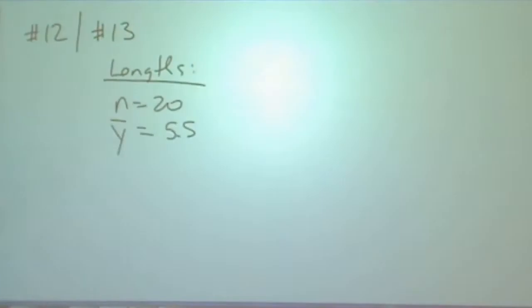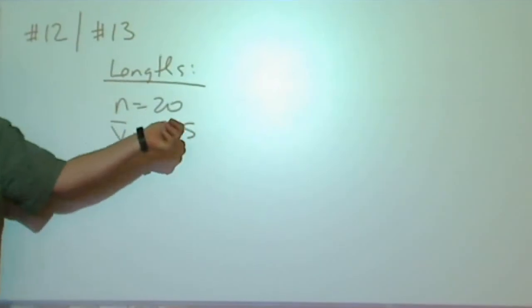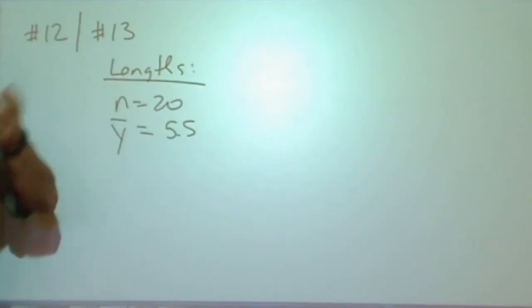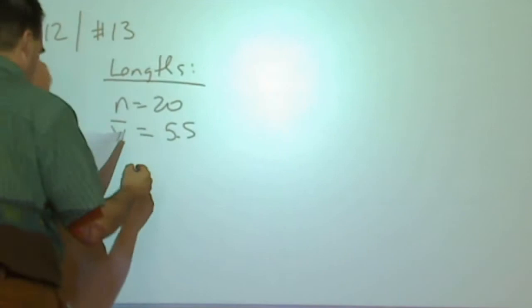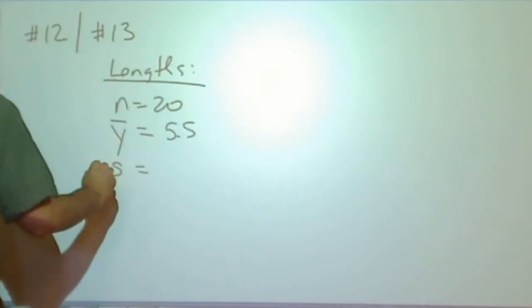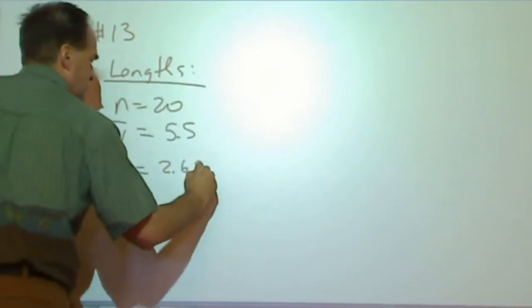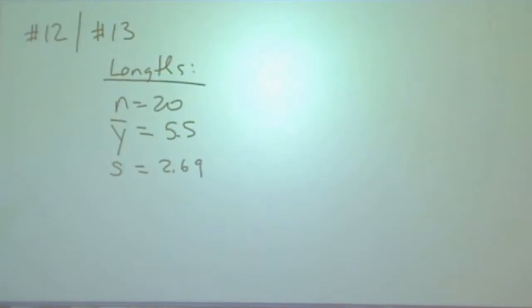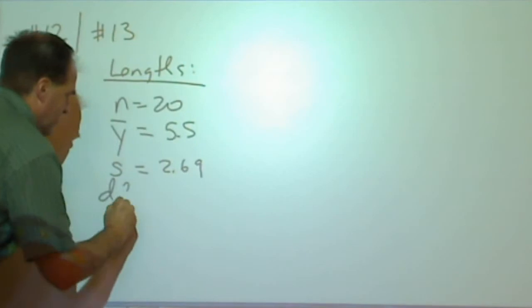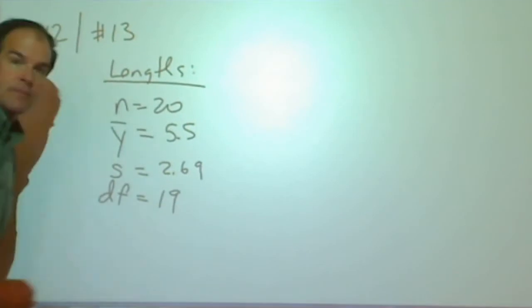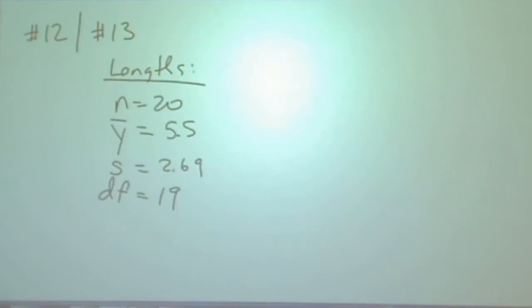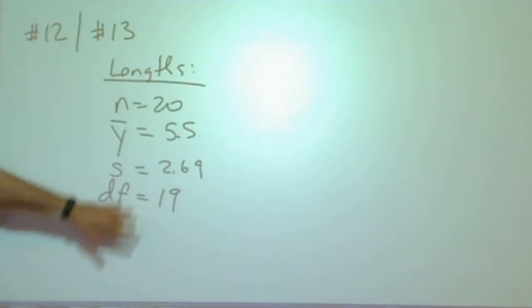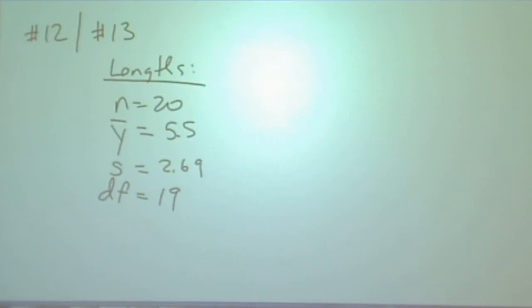So on average, a word is 5.5 letters long. And the standard deviation is 2.69. I would write this, the degrees of freedom equals 19. In this case, it is n minus 1. But I'm not going to make you guess what the degrees of freedom is.